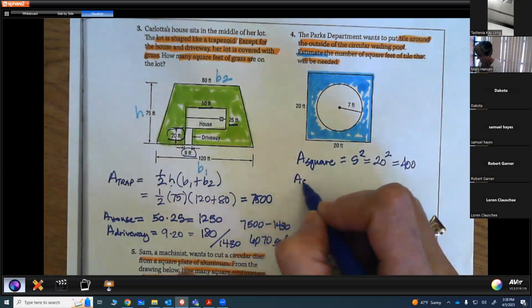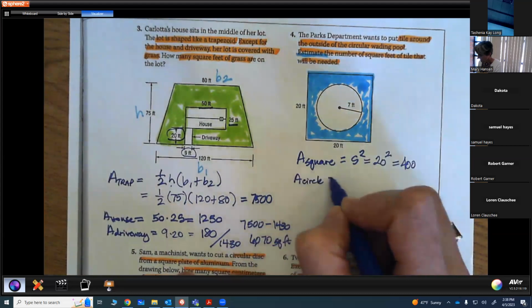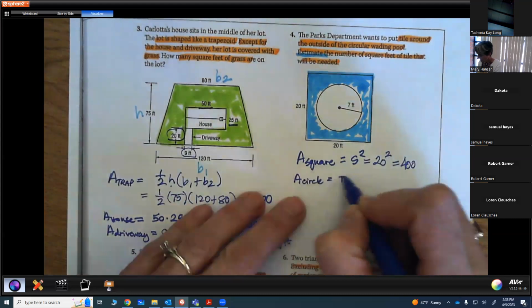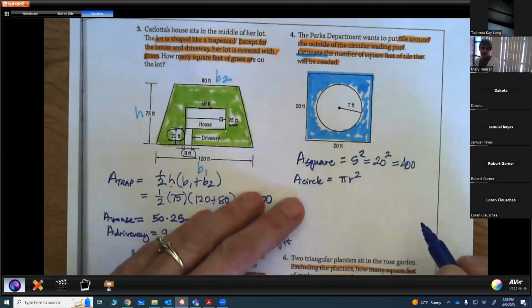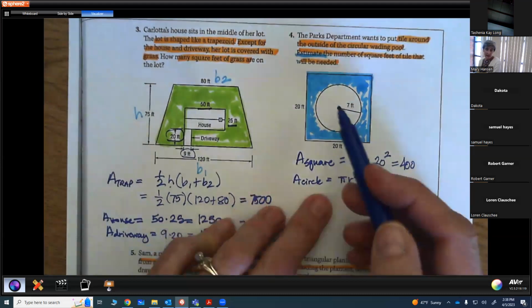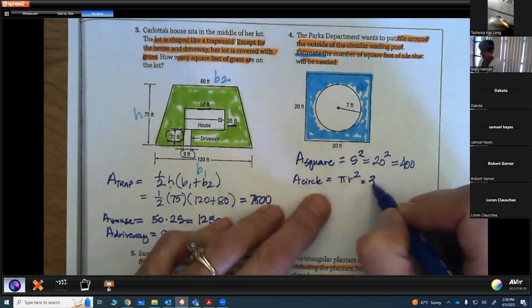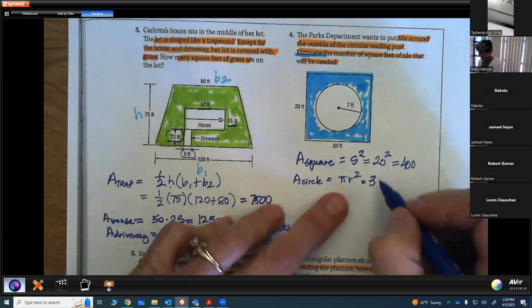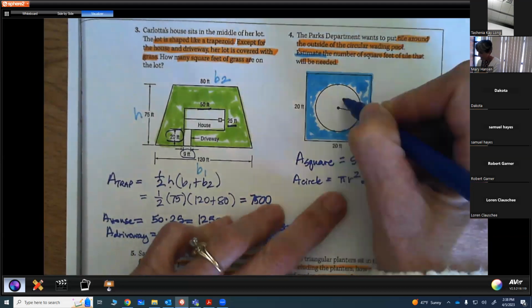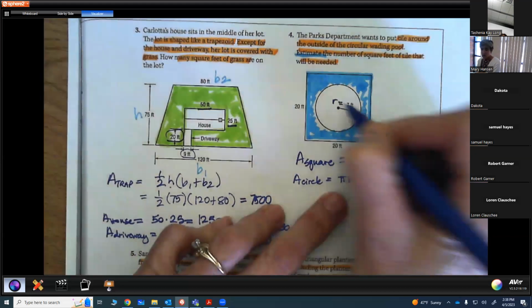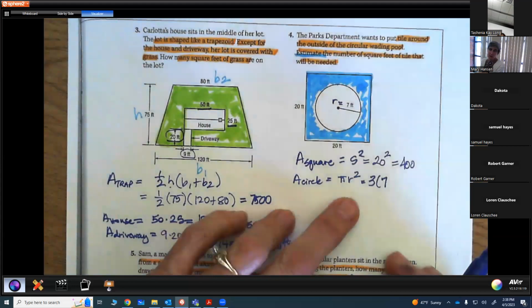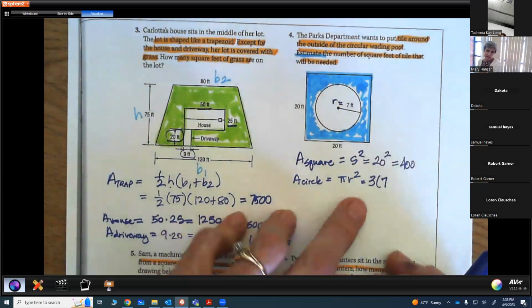So the area of the circle, remember, is pi r squared. And since we're estimating, you could say, I'm just going to use 3 for pi to make it easier. They gave us the radius, which oftentimes on the GED, they will almost always give you the diameter so that you have to find the radius.